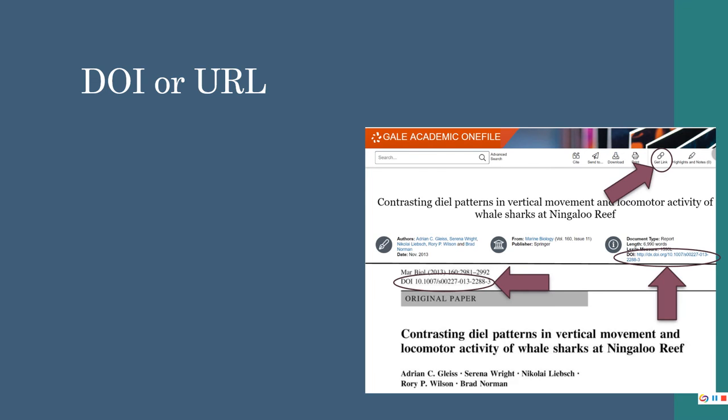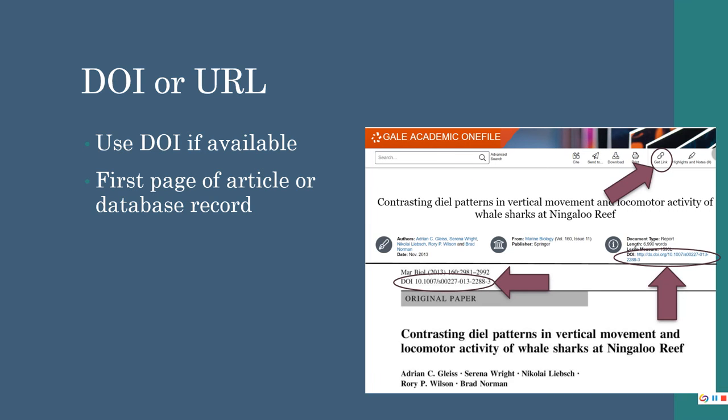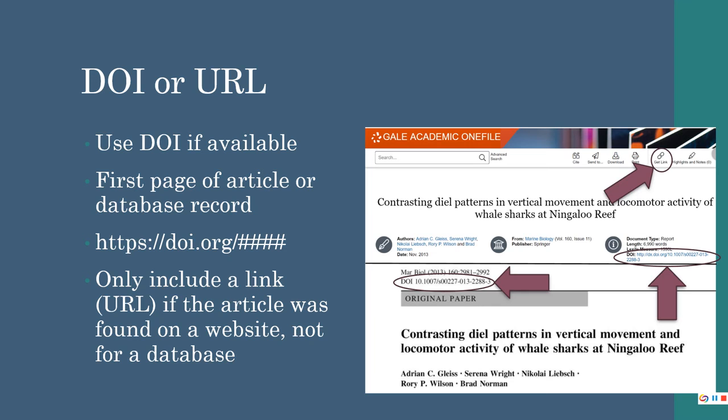Our final piece of information for our citation is the DOI or URL. If your article has a DOI, you will always use it here. It can usually be found on the first page of the article and sometimes in the database, so you will need to check in both places. The DOI is written with https://doi.org/ preceding the DOI number.